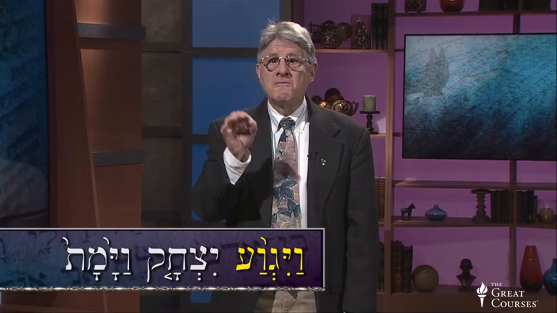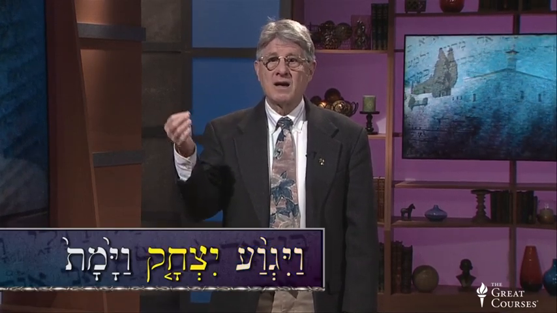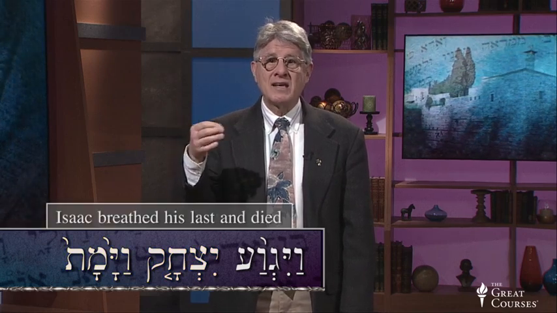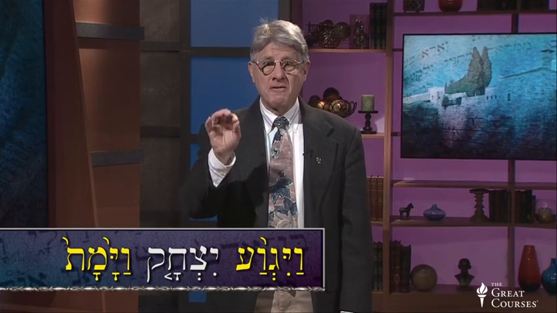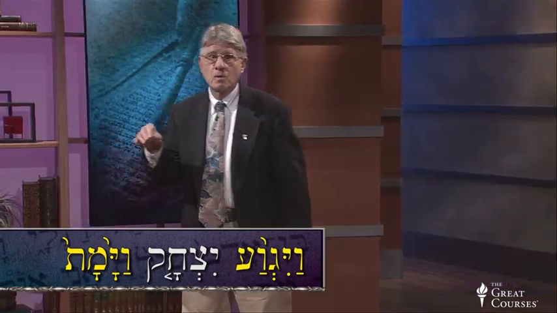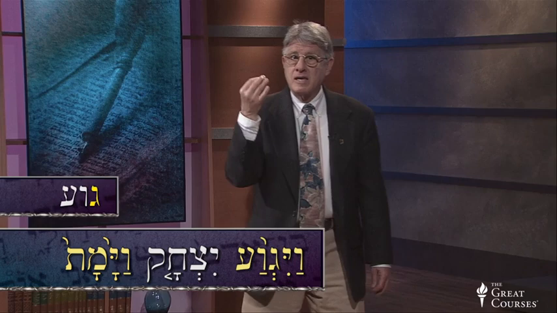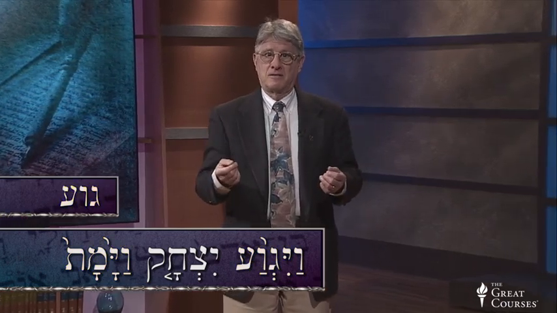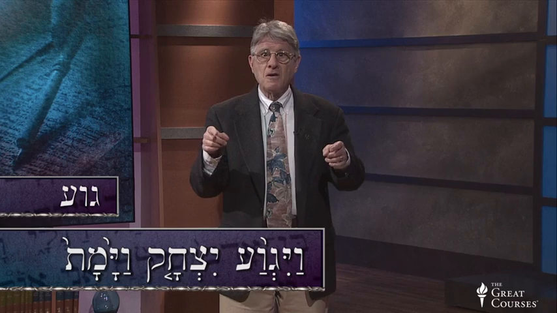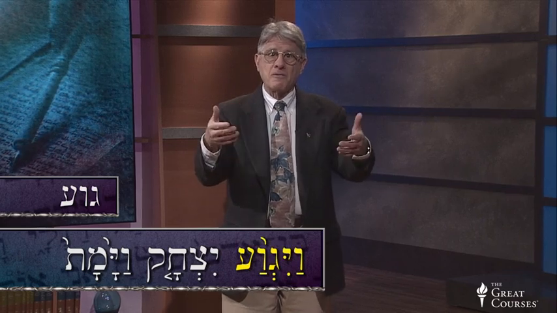In Genesis 35:29, vayigva Yitzchak vayamot. Isaac breathed his last and died. The roots of both verbs have a vav in the middle. But in gimel vav ayin, the vav is a consonant. And as you can see, vayigva is a perfectly normal verb.